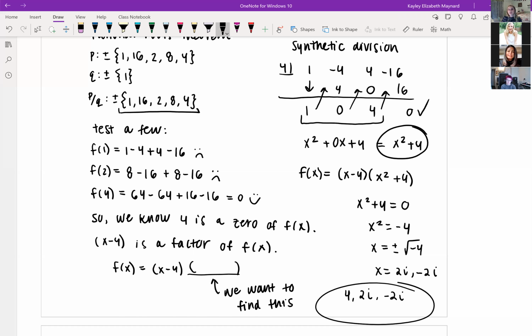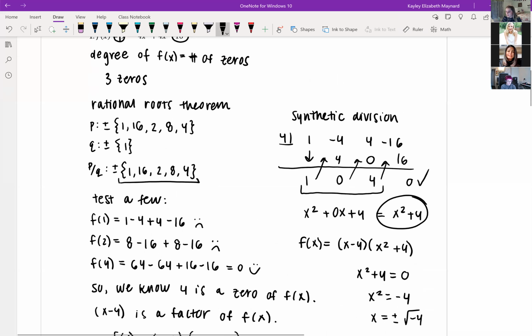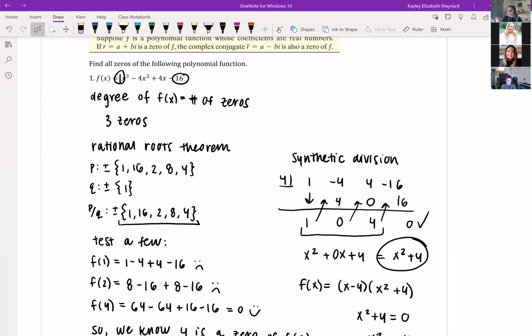Most of the ones that we've done in class, the ones that you guys have been given, are usually something like a polynomial that has 3 zeros, something to the 3rd degree. As soon as we find 1 zero, we're able to factor it down into a quadratic times something. And you know how to solve a quadratic.